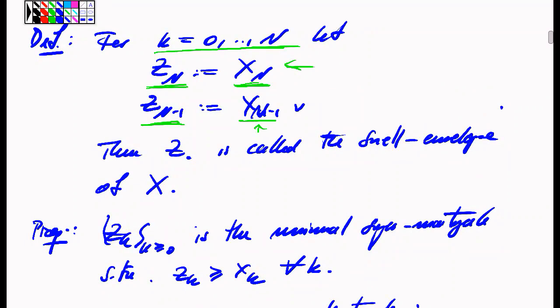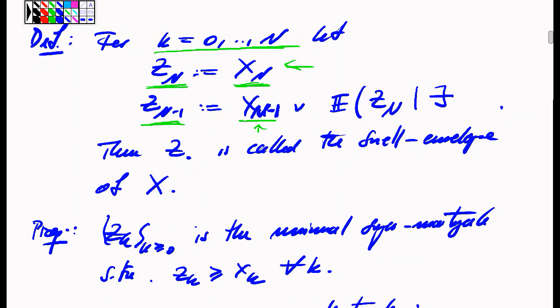So Zn minus 1 is the maximum of the two options that we have at time n minus 1. Namely, either we execute at time n minus 1 and retrieve the amount Xn minus 1, or we decide not to execute at time n minus 1 and play on.